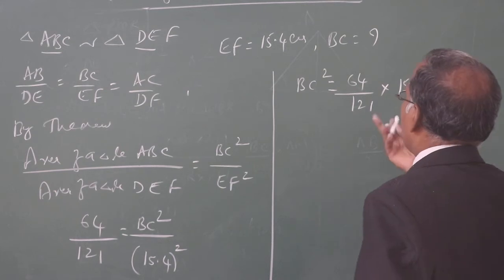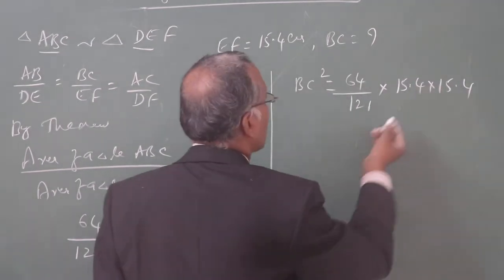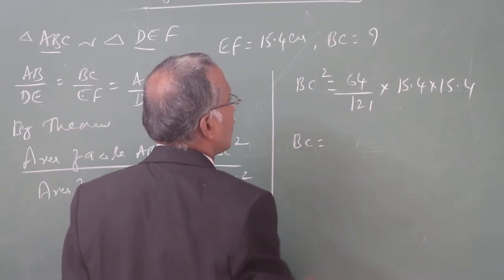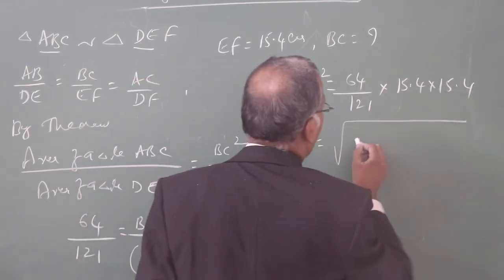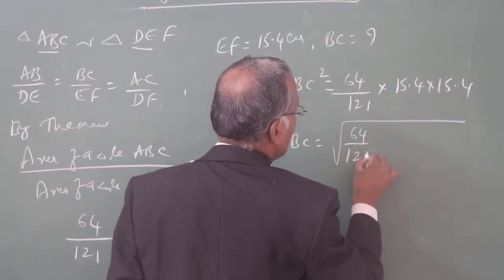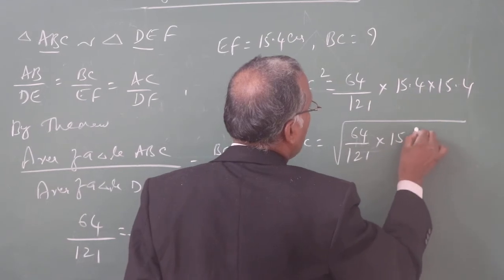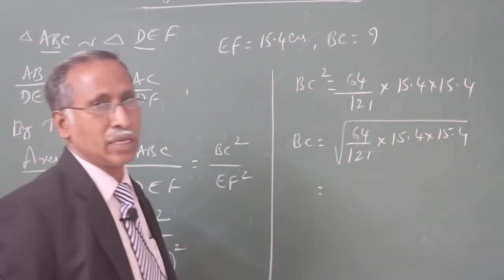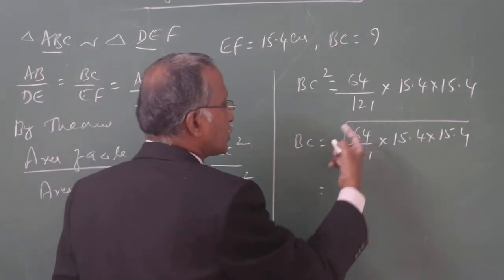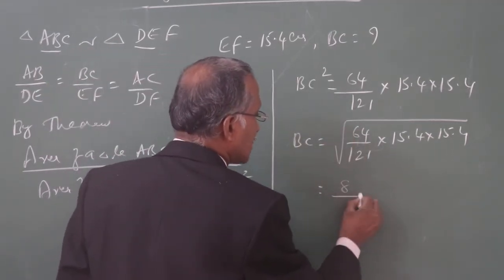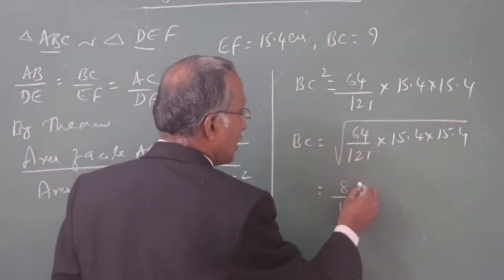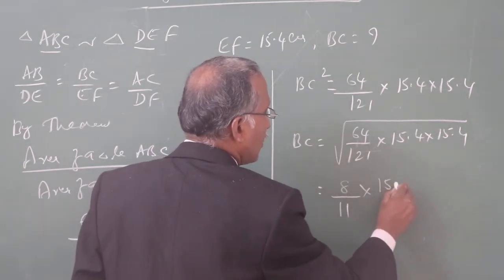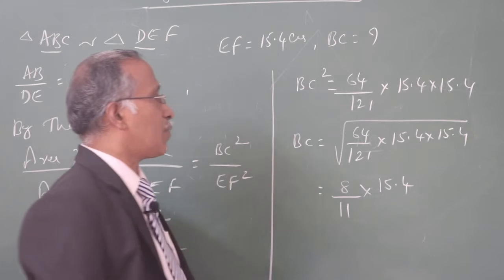Let us simplify. BC is equal to the square root of 64 by 121 into 15.4 into 15.4. If I take the square root, root 64 is 8, root 121 is 11, and 15.4 into 15.4 means only one measurement, 15.4, since it is a perfect square.